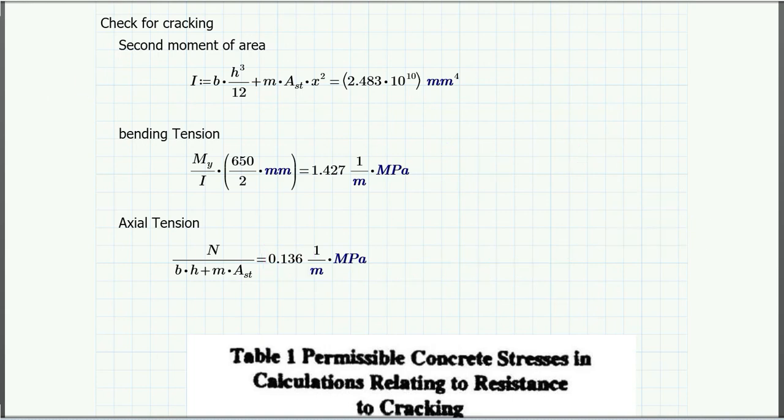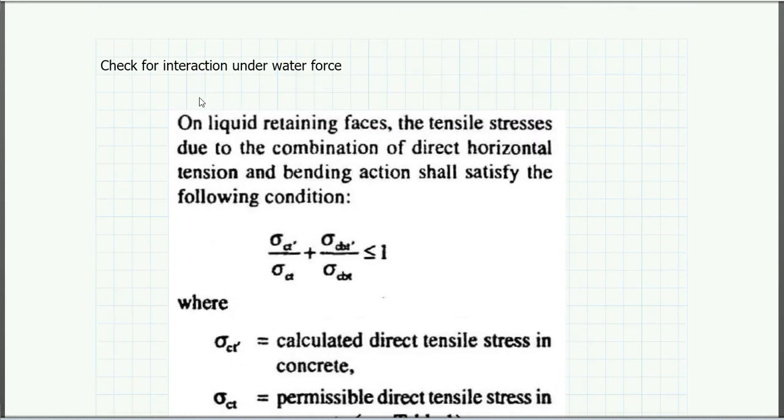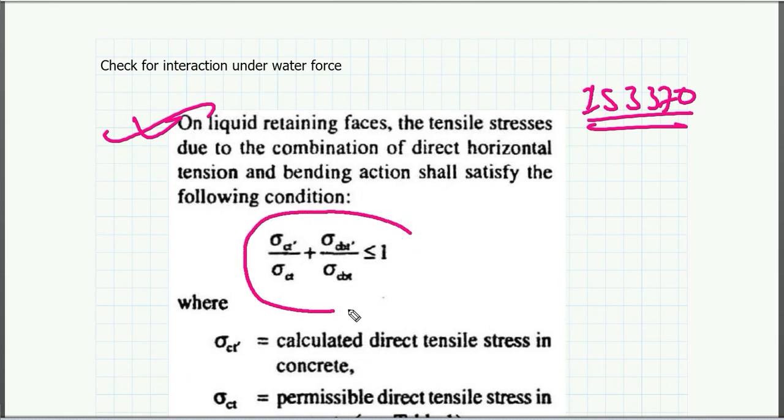Now the last check is the check for interaction of water force. For this you can refer to the code IS 3370 Part 2. In this particular clause it says that on liquid retaining structures this interaction formula should be satisfied, where sigma ct dash by sigma ct.